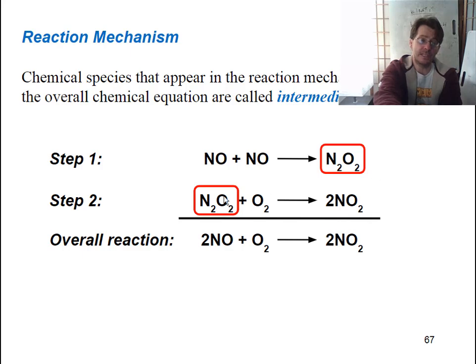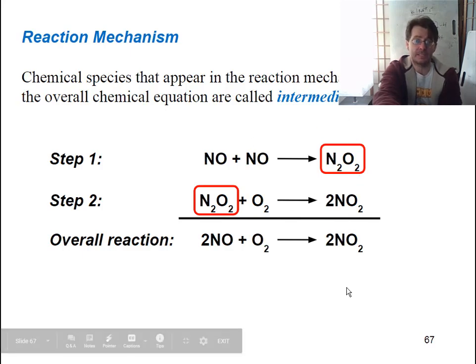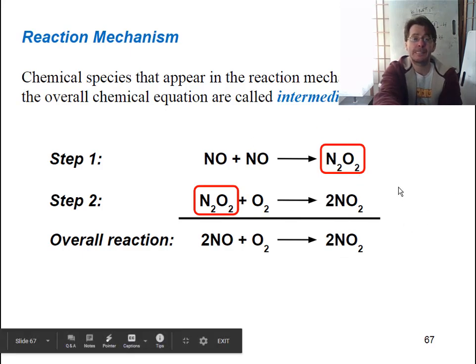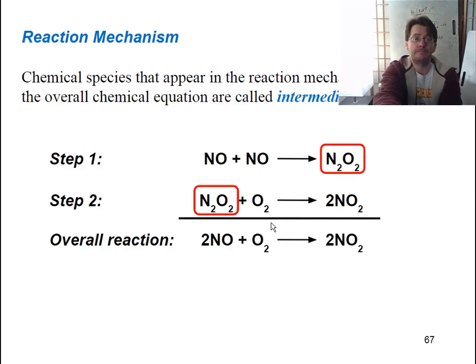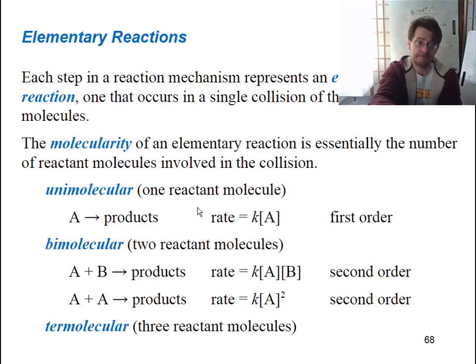Now you can observe this by looking at the spectra of the gases that are formed. You can see small amounts of this growing in over the time and then it disappearing as it's consumed by the oxygen. Right? So these are intermediates. And they show up in one step and then are consumed in the other. And the net result is they're not there.